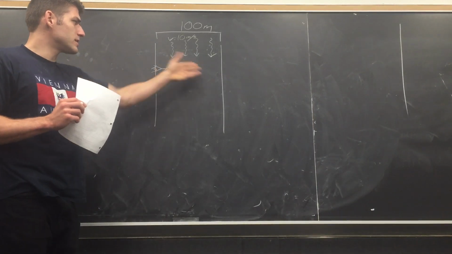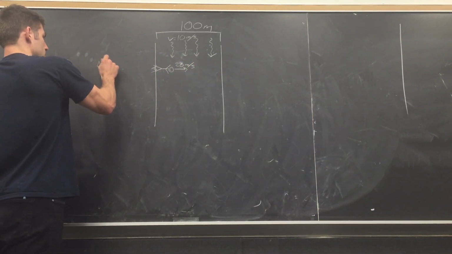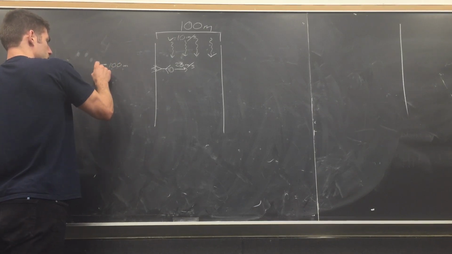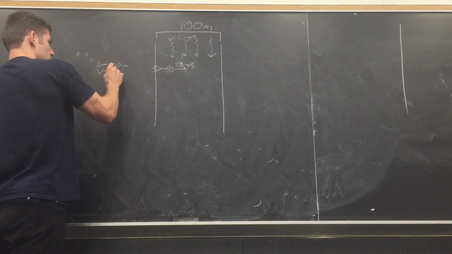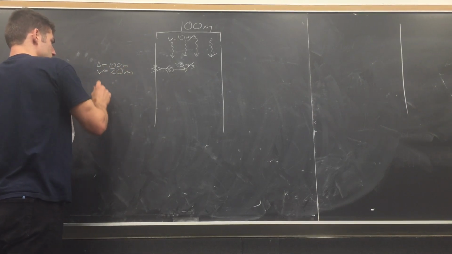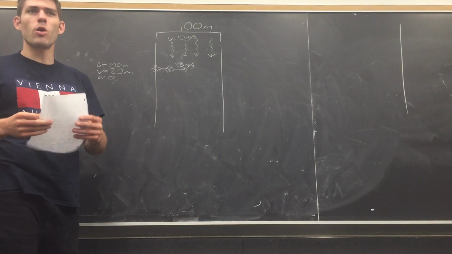So how long is it going to take me to get across? Delta x is 100 meters. My velocity constant is equal to 20 meters per second, and my acceleration is 0. They don't tell you acceleration. They don't always have to say constant.